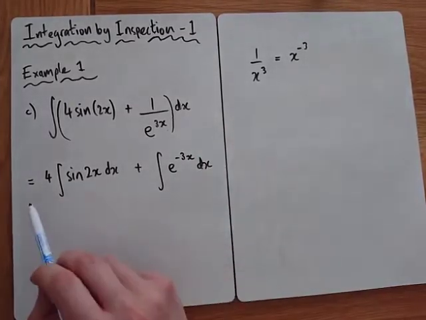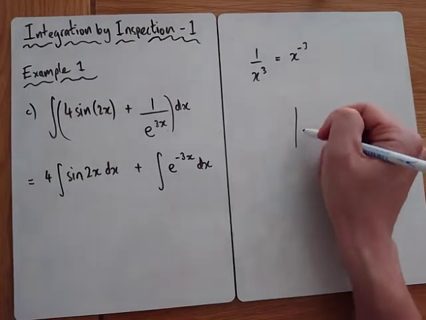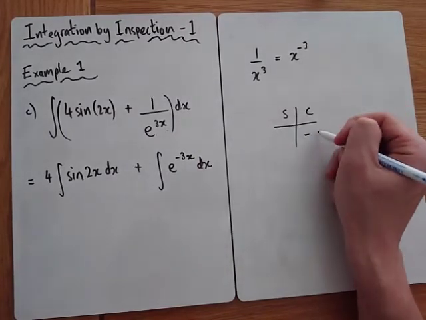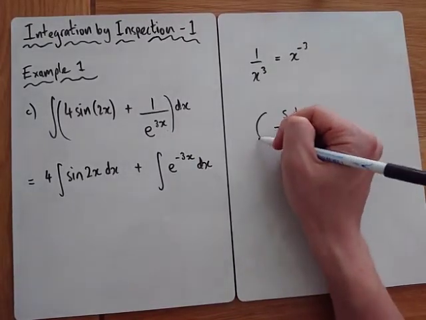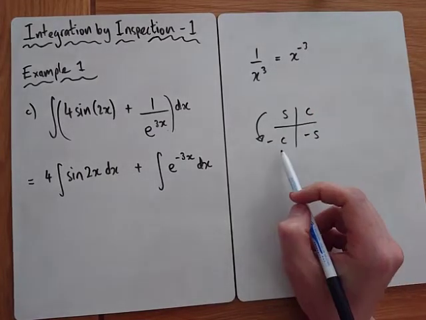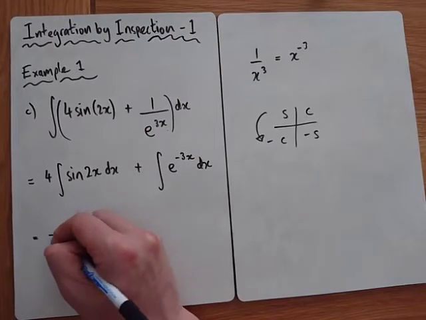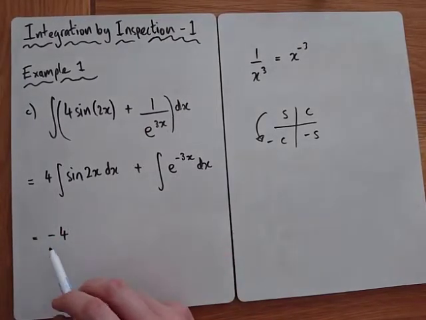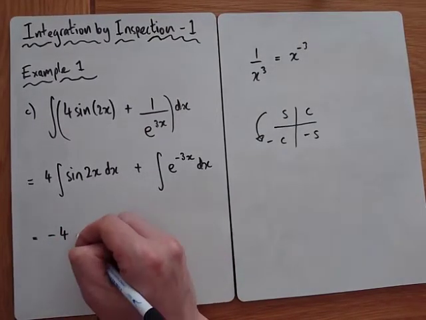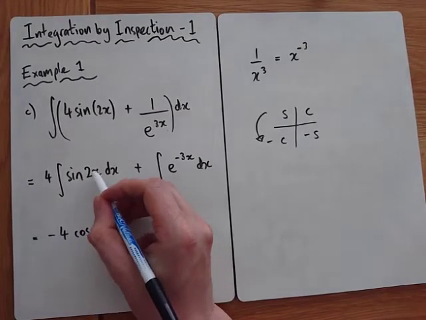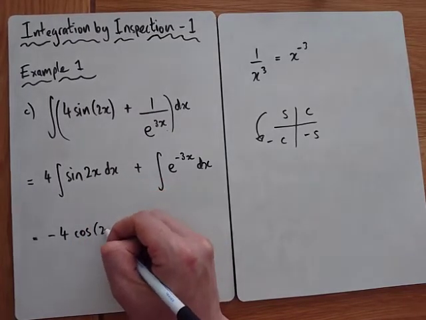So when we're integrating this, be careful, a bit more going on with this one. So sine integrates to minus cos. So I've got a 4 at the front. That's going to become a negative value, so it's minus 4. Sine integrates to cos 2x, the angle stays the same.